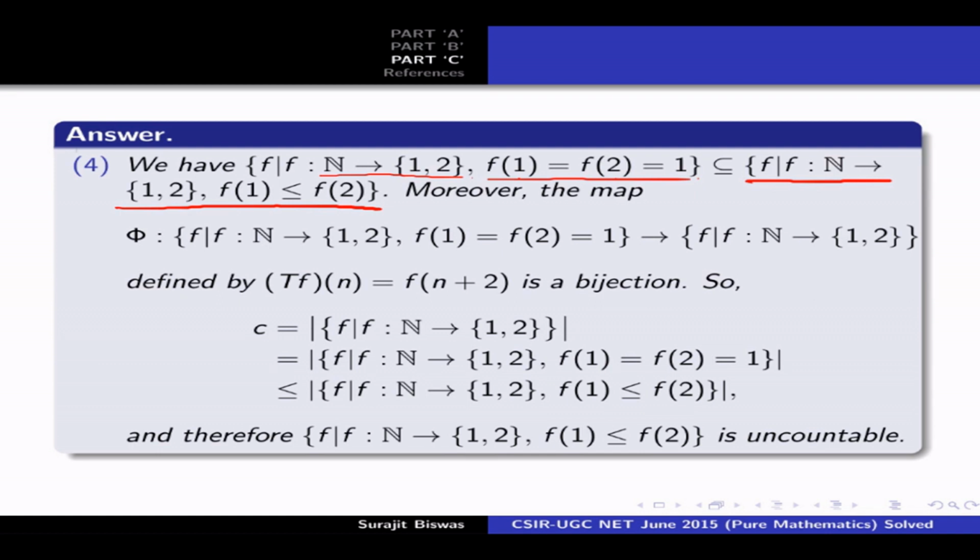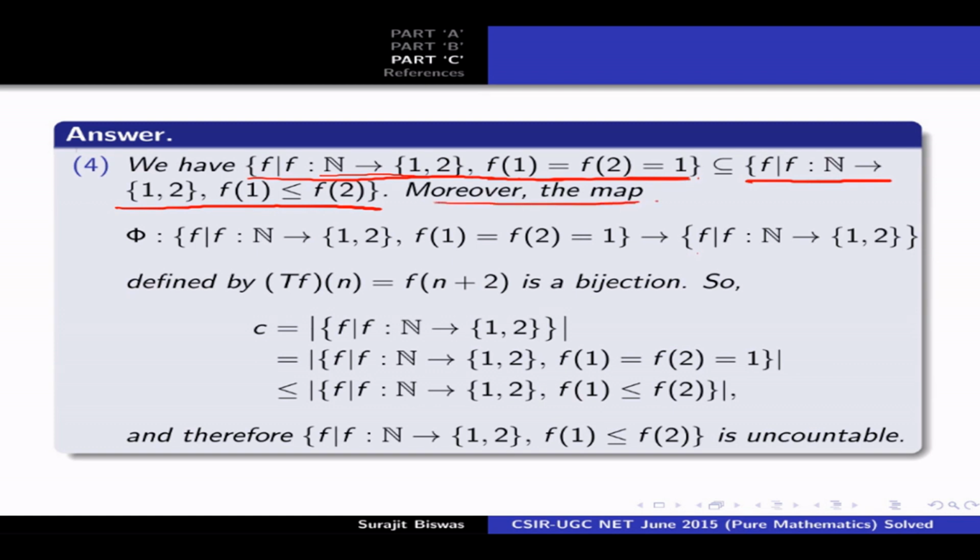For the other natural numbers we are free to choose the values, and for each choice we will have a function. This free choice basically gives us a bijection, so we establish a bijection from the collection of all functions from the natural numbers to {1, 2} such that f(1) equals f(2) equals 1, to the collection of all functions from the natural numbers to {1, 2}.